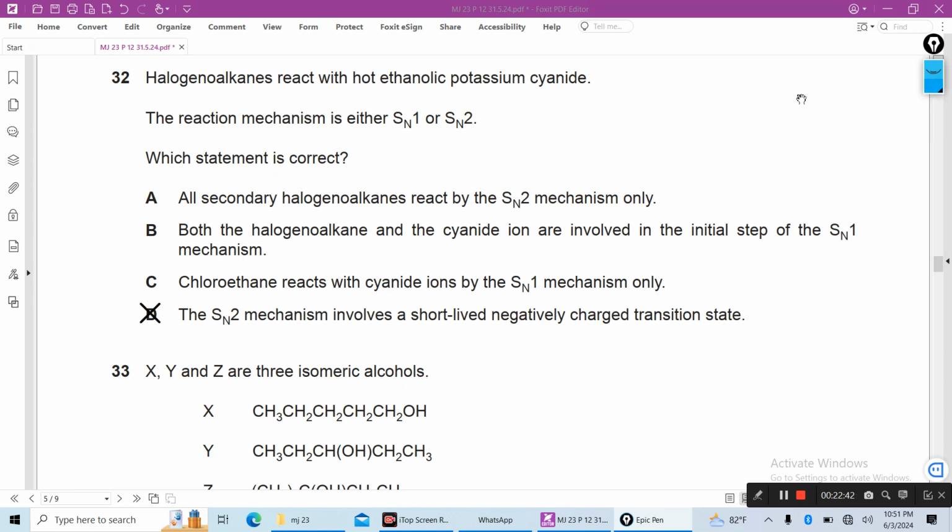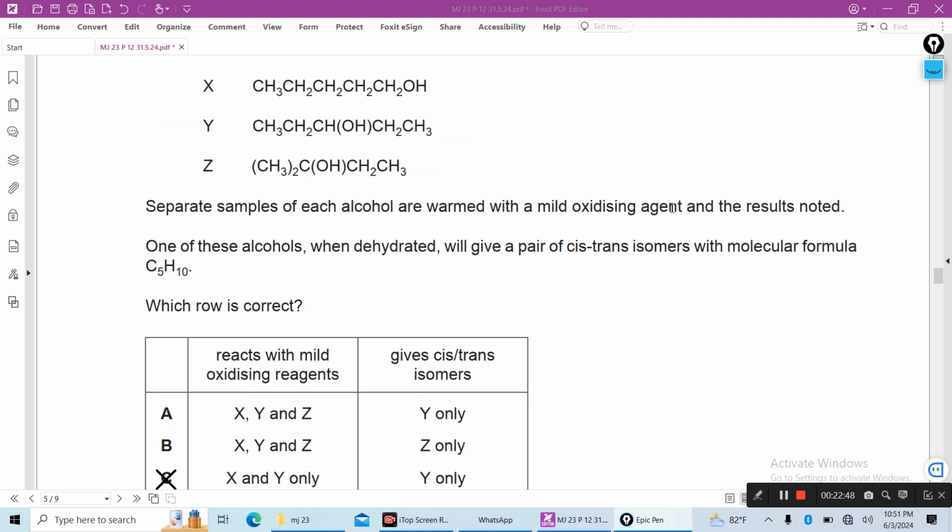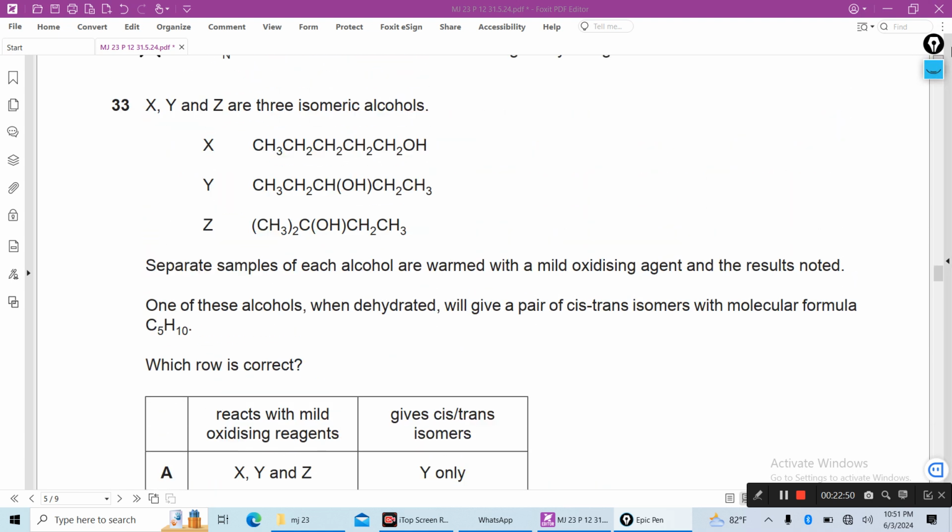Next, 33. X, Y, Z are 3 isomeric alcohols. This is a primary alcohol, this a secondary alcohol, this is a tertiary alcohol.